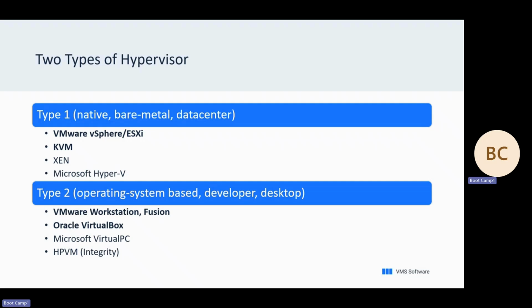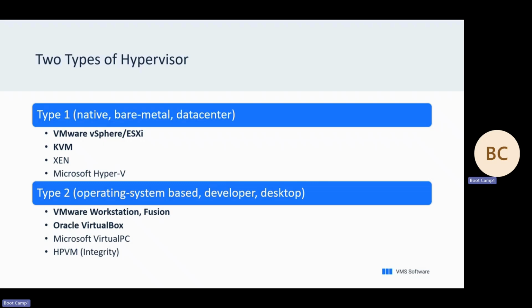The other type of hypervisor out there are type 2 hypervisors. These run on top of an operating system. And they're most often used by developers who use them to run virtual machines on their desktop or on a laptop.